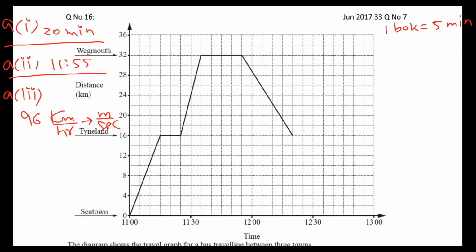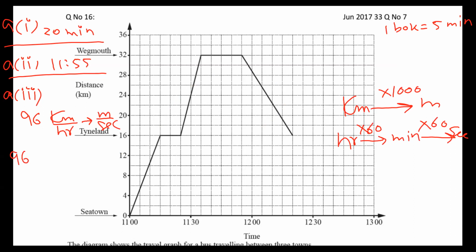Okay, simple. So what is the technique? I taught many times, kilometers to meters. Whenever you want to convert kilometers to meters, we have to multiply by 1,000, and hour to minute and then minute to second. If you want to convert one hour into 60 minutes and 60 seconds, it means 96 times 1,000 and divided by 60 into 60.